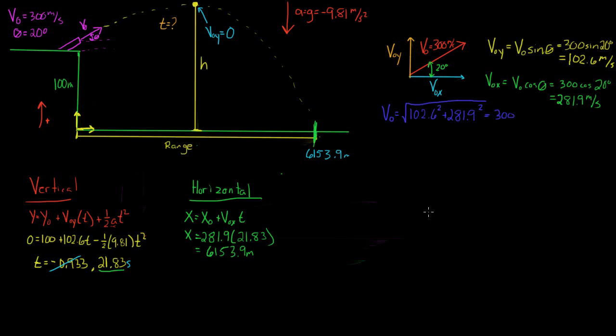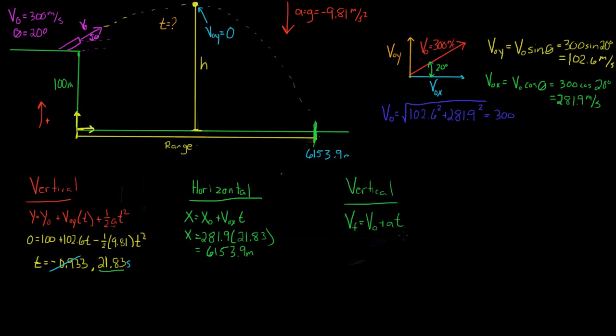So in order to figure this out, we can look in our vertical direction again. We use our equations from our vertical component. And if we know its final velocity is 0, and we know its initial velocity is 102.6, we can use the equation Vf is equal to V initial plus at.